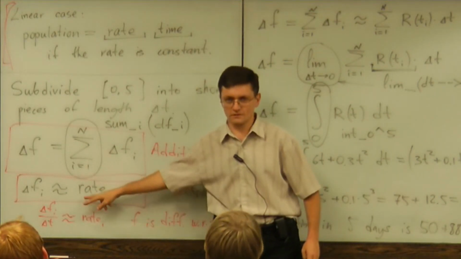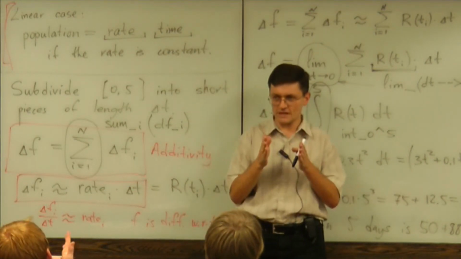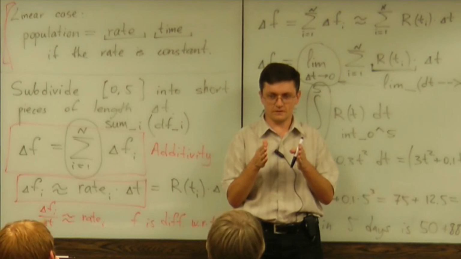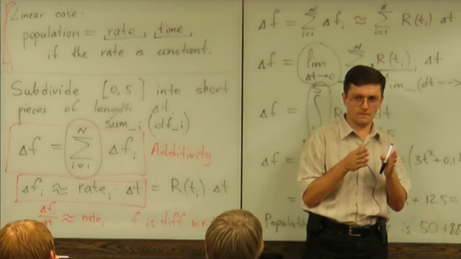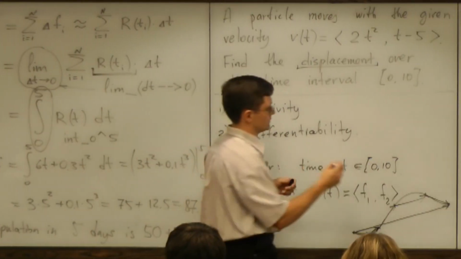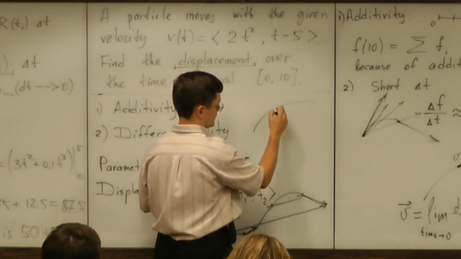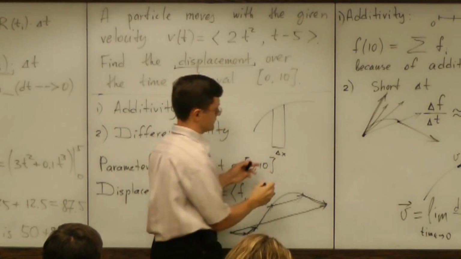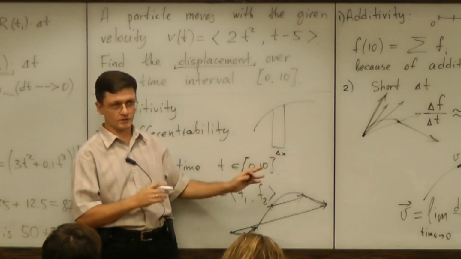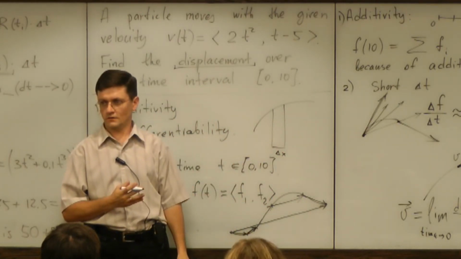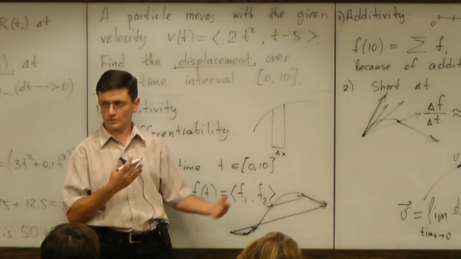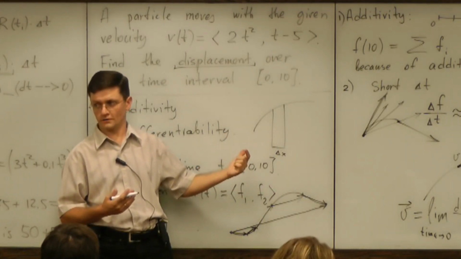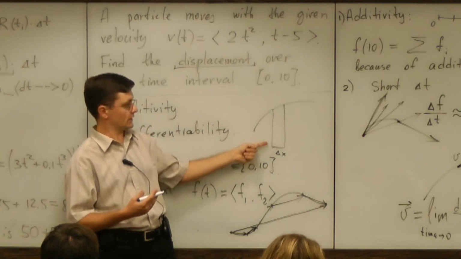I'm not saying that this rate is the same during that interval, right? What is it exactly that I want? Remember when we did the area problem, we looked at this short interval delta x, and we said that what we see is not a rectangle, but it's approximately a rectangle. And approximately it has a height.